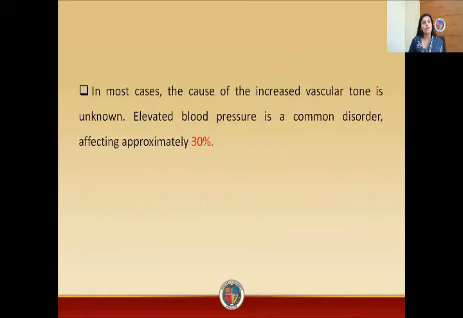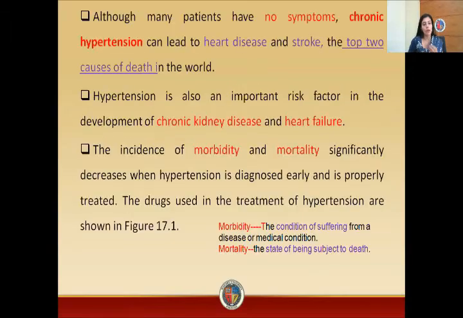Most of our population is suffering from hypertension. What are the possibilities of what this hypertension may cause? Hypertension may lead towards different diseases. Although some people don't have any symptoms of hypertension, chronic hypertension may lead towards heart diseases and stroke.